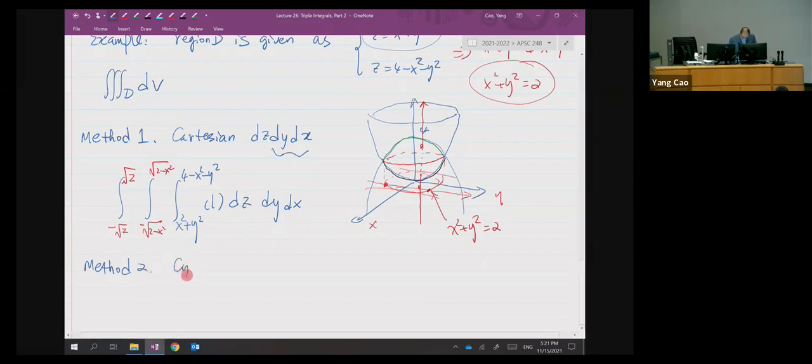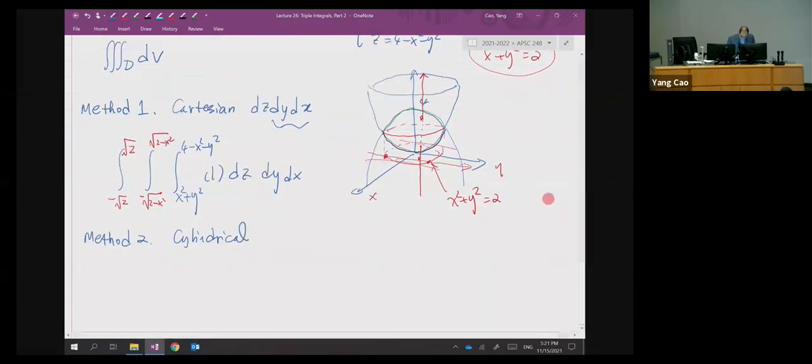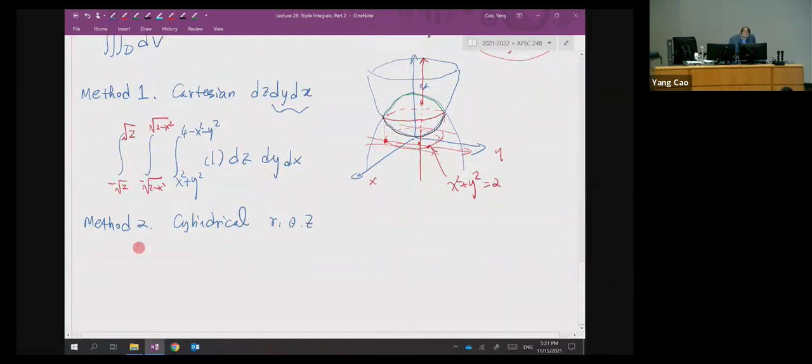So now let's take a look at how to calculate this triple integral in cylindrical coordinates. So cylindricals are r, theta, z, and don't forget that x equals r cosine theta, y equals r sine theta, and z is still z.